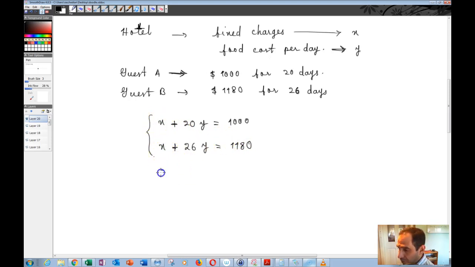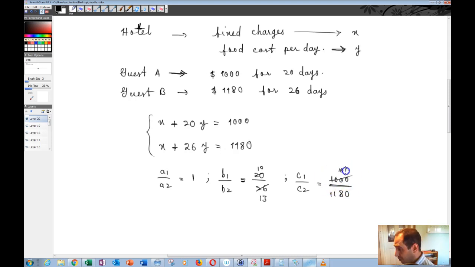You can see that here, a1 to a2 is equal to 1, and b1 to b2 is equal to 20 to 26, which is something less than 1, around 0.8 or so. And c1 to c2 is 1,000 to 1,180.